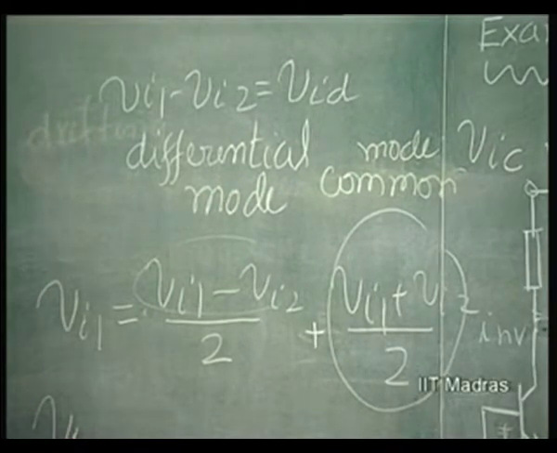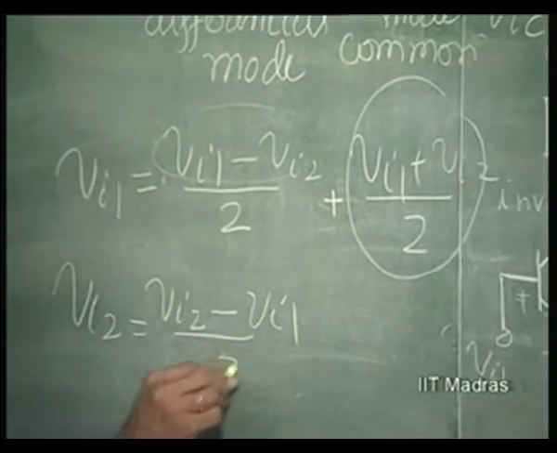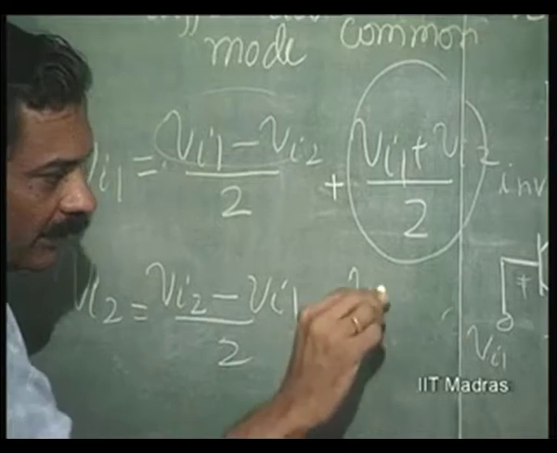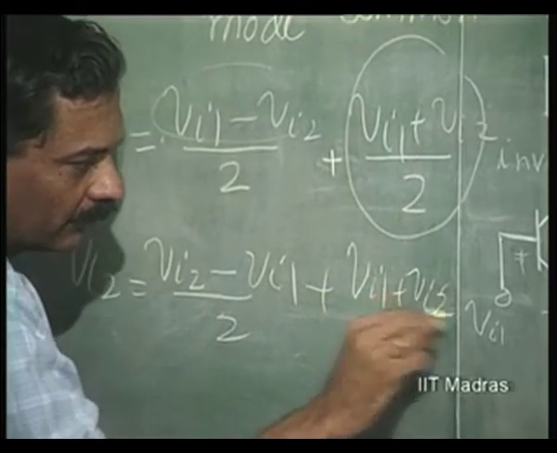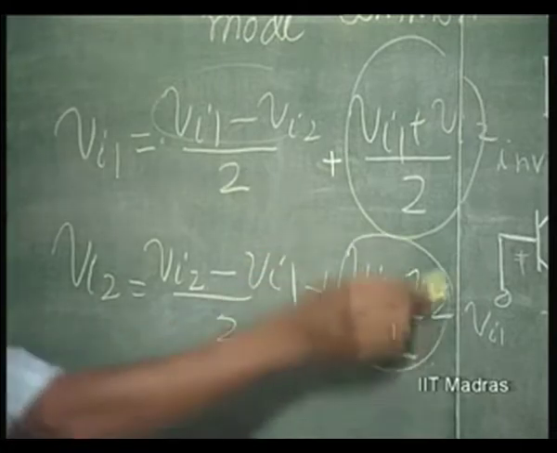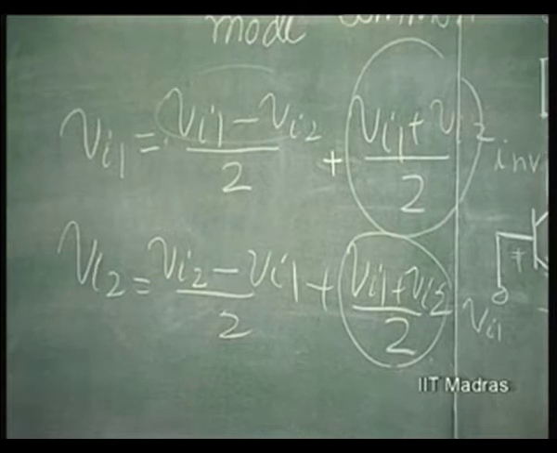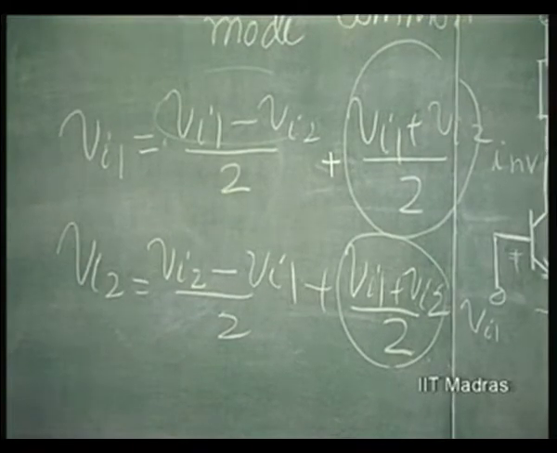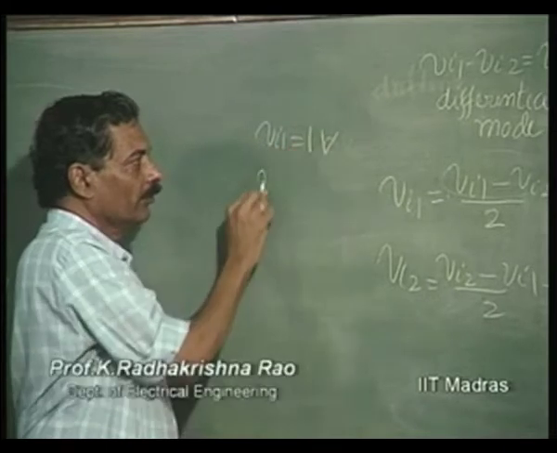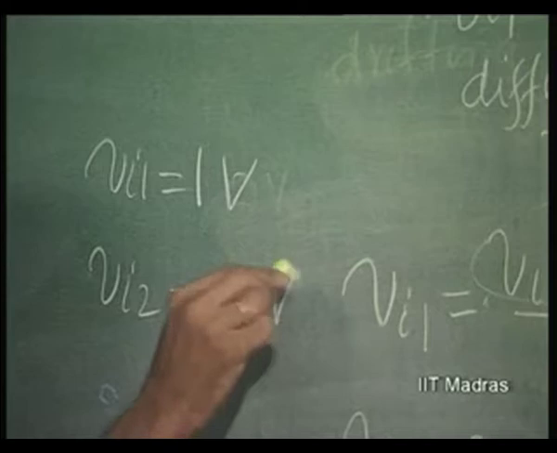How will you write Vi2? Then this will be (Vi2 minus Vi1) by 2 plus the same component, which is something common. As an example, let us see: Vi1 equal to 1 volt, Vi2 equal to 0.9 volts.